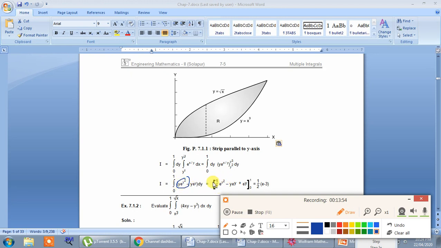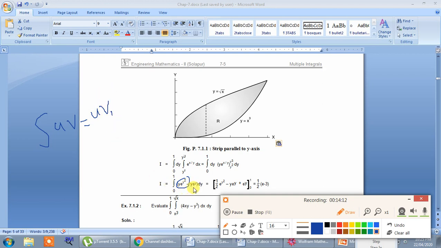So this is the value of the first integration, and the second integration is just a case of integration by parts, using the shortcut formula. The integration of uv is u v1. What is v1? v1 is the integration of v.